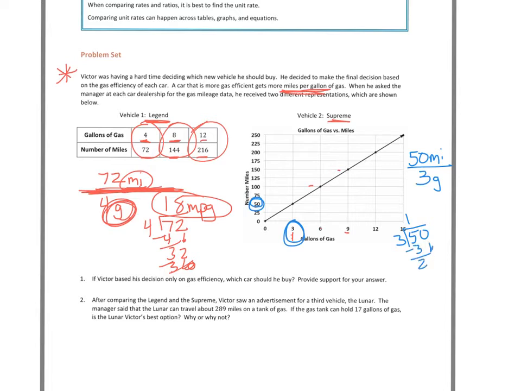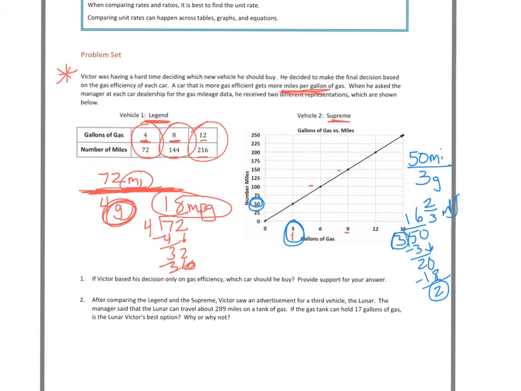And it's looking pretty close. 16, and it looks like it's going to keep repeating. I'm going to keep getting 2. So I'm going to write that as a fraction. I'll bring that 2 up top and use this as my denominator. So 16 2/3 miles per gallon.